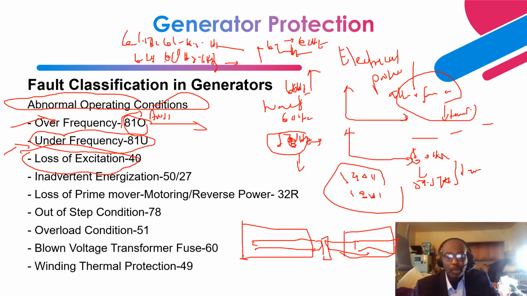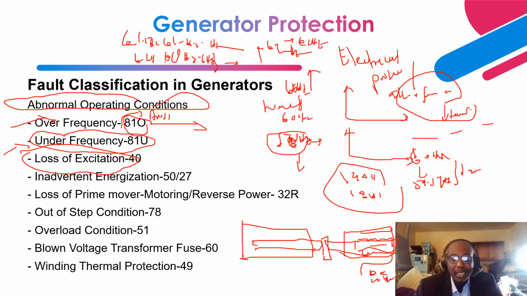The generator has a rotor, which has a winding wound on a shaft. Then it has a stator. The winding on the rotor is fed with a DC voltage.